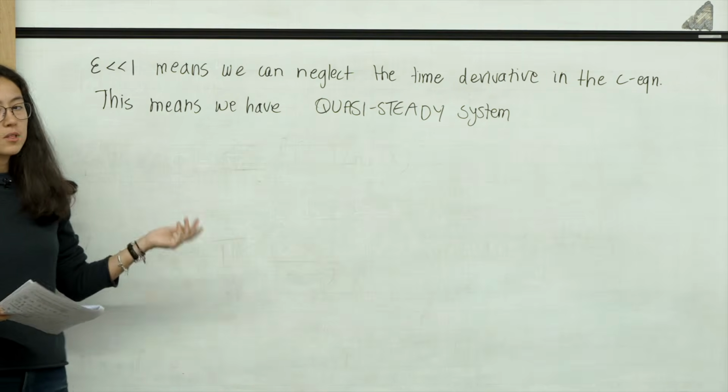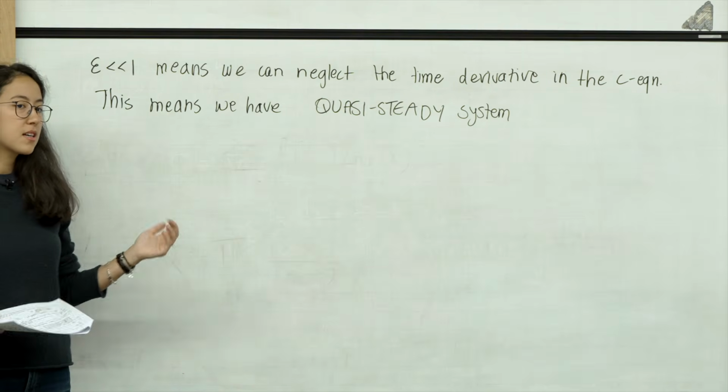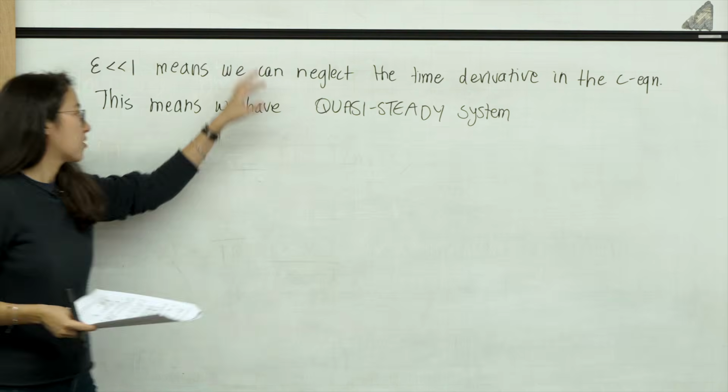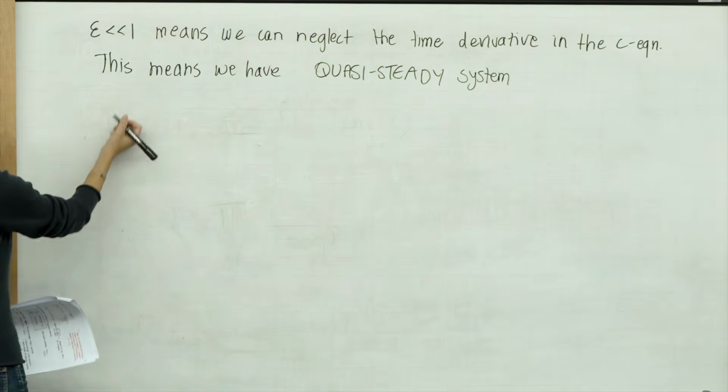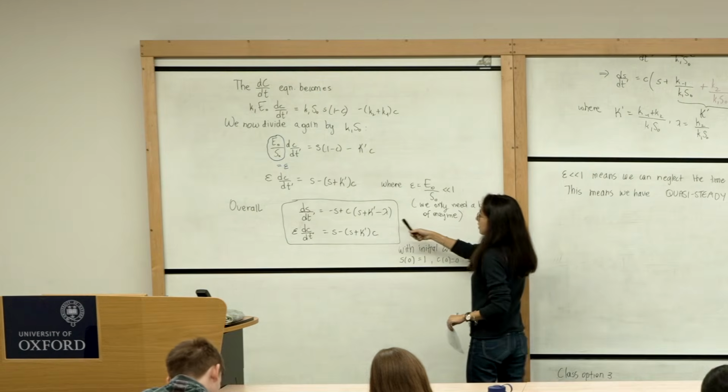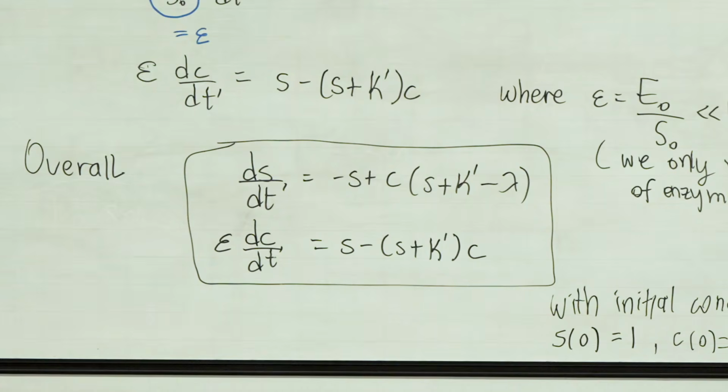So a steady system would mean that it does not depend on time. Here, it sort of does. So quasi means almost steady system. The reason we call it that is because S still evolves with time. You see it through here. But the C will not. It will be an algebraic equation. OK?